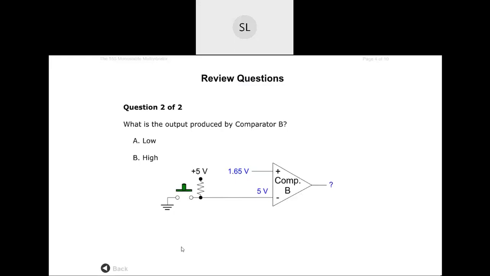High. How? Inverting input terminal is at plus 5 volt, whereas non-inverting is at 1.65 volts. नॉन इन्व्हर्टिंगचं व्होल्टेज हे इन्व्हर्टिंग पेक्षा कमी आहे. डिफरन्शियल व्होल्टेज पॉझिटिव्ह असेल का निगेटिव्ह असेल? VID is V1 minus V2, correct?